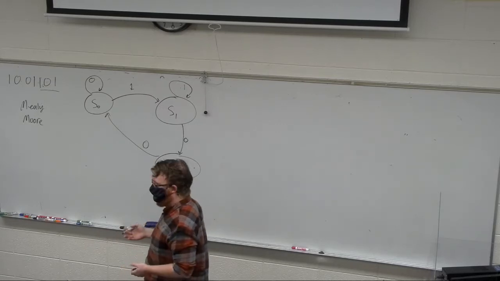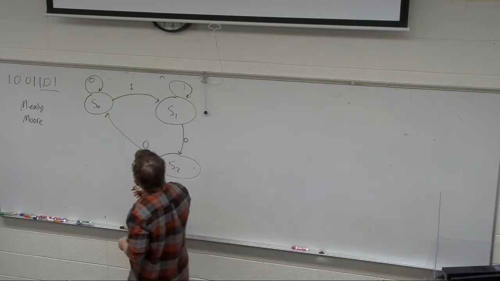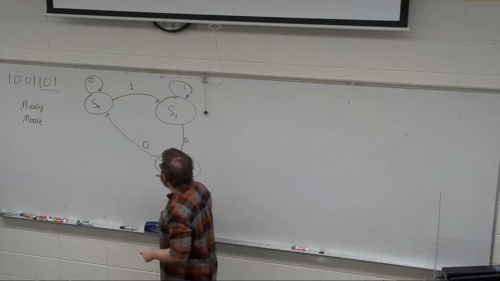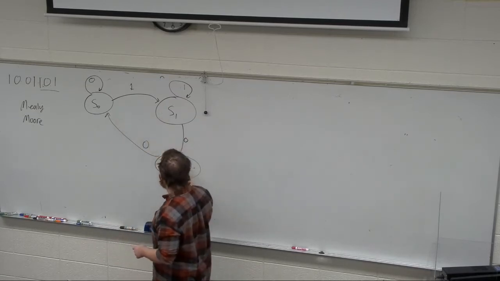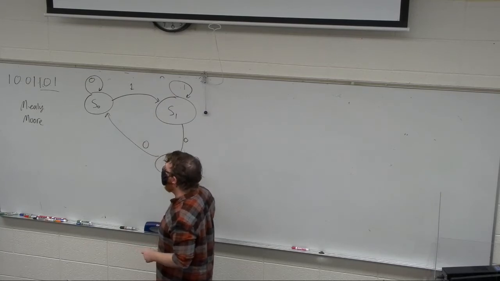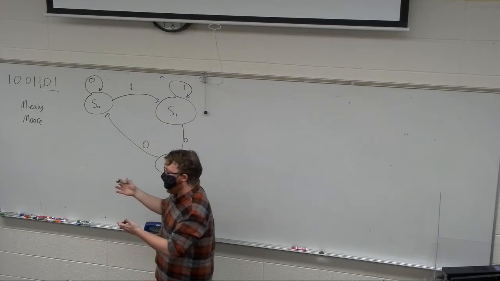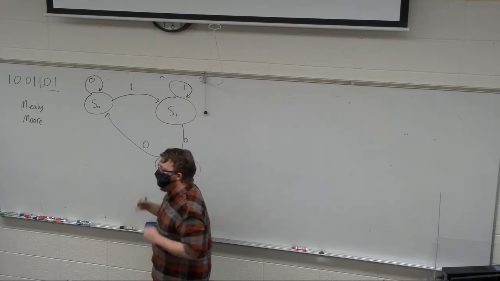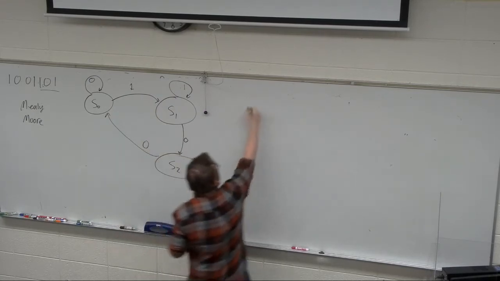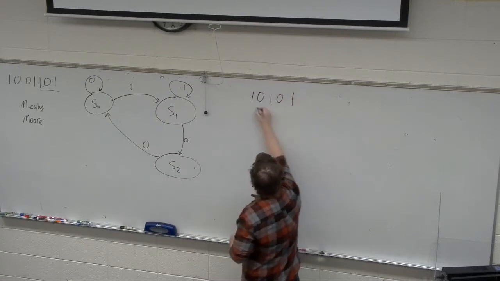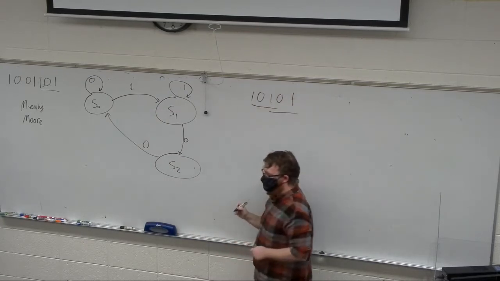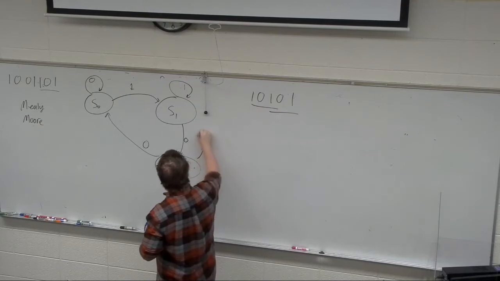So let's start by making this a Mealy state machine. If I get a 1, 0, and now I get my 1, once again I'm at a position where I could detect another 1, 0, 1, right? So if I get 1, 0, 1, 0, 1, I have 1, 0, 1 here and here. So I want to detect that as well.